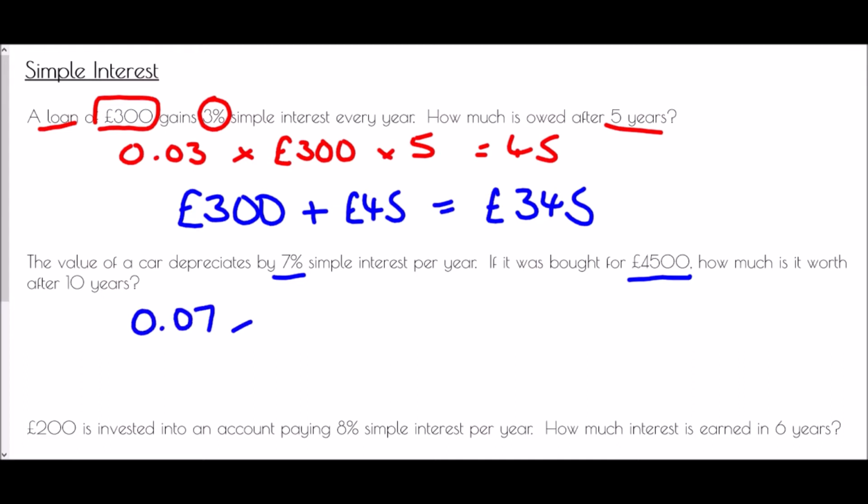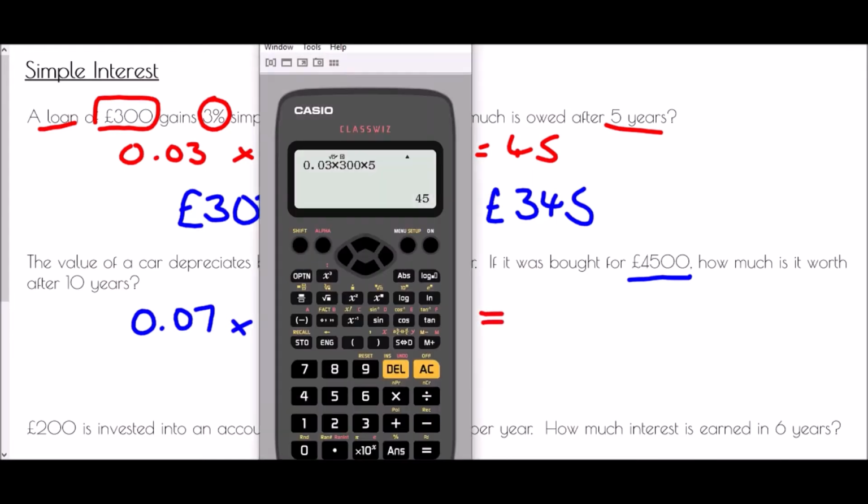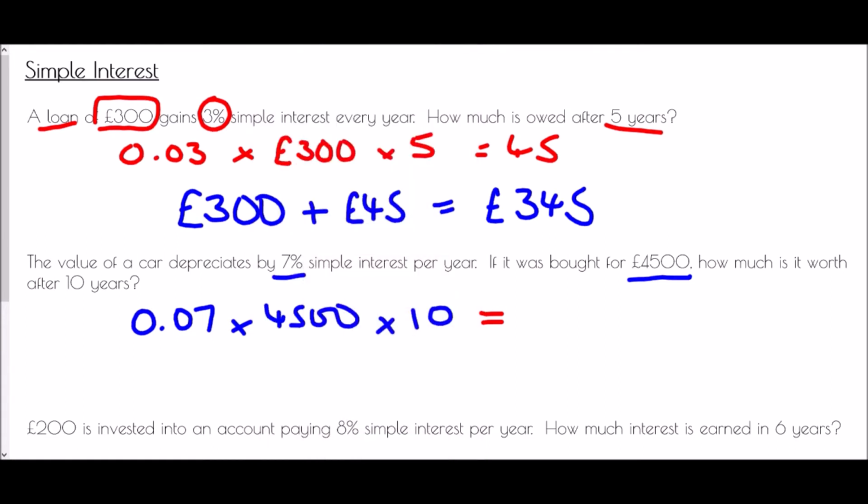We bought it at £4,500 and we've left it for 10 years because we've kept that car for 10 years. And so, in order to work out the interest, we're going to have to just type all that into a calculator. So 0.07 times 4,500 times 10. Well, that is £3,150.